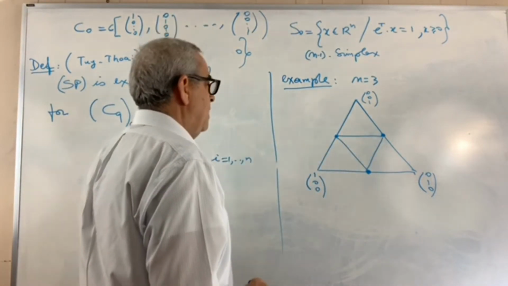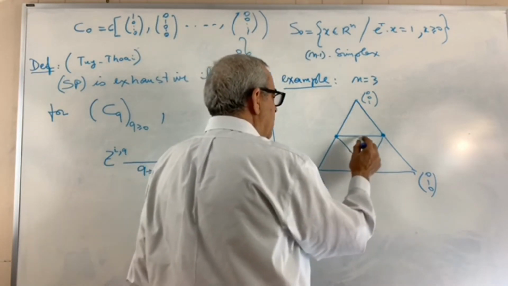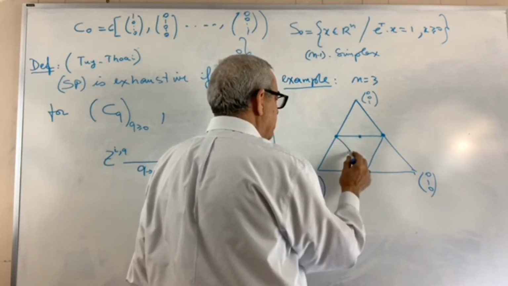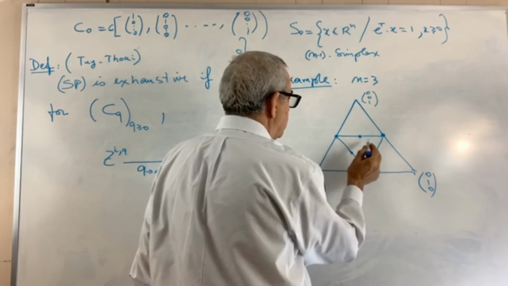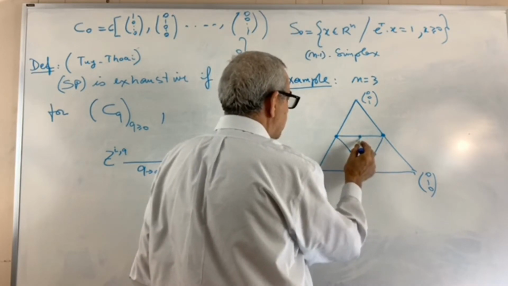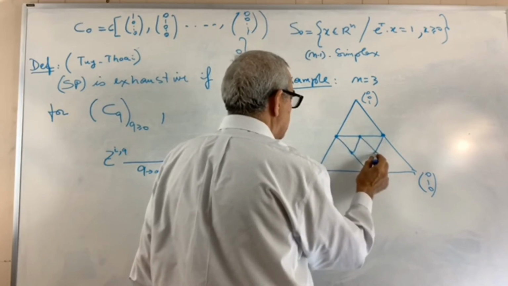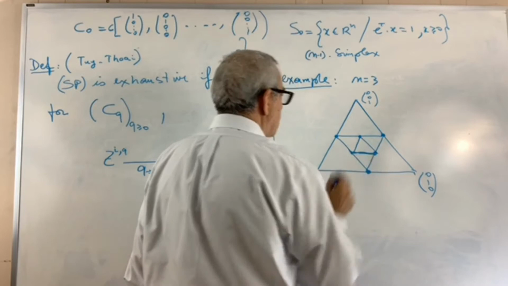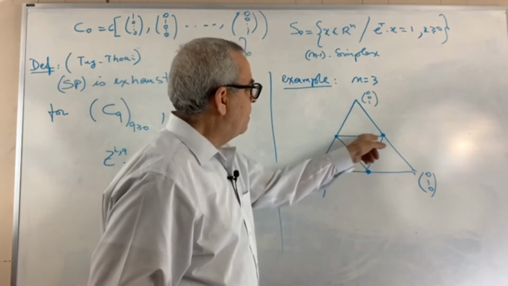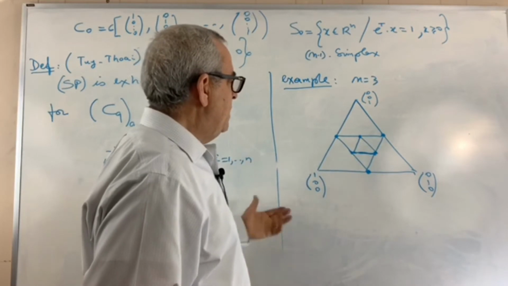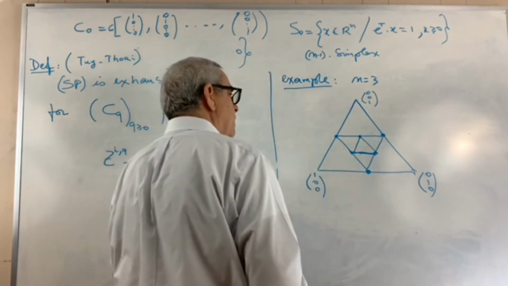And let's say I pick this one. Okay. So now I do the same thing. I take the midpoint, and here I divide, let's say, this cone into 4 cones. All right, and then let's say I pick this one.